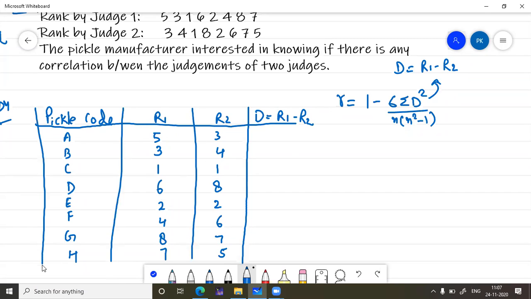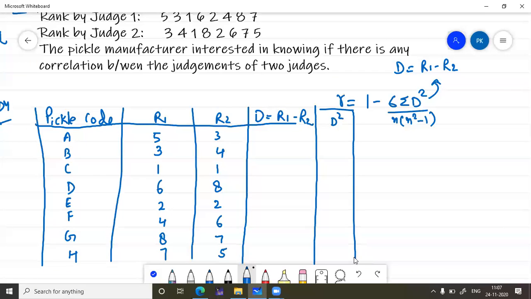And in the next column, we need D square. Please let me know, is this clear to you?